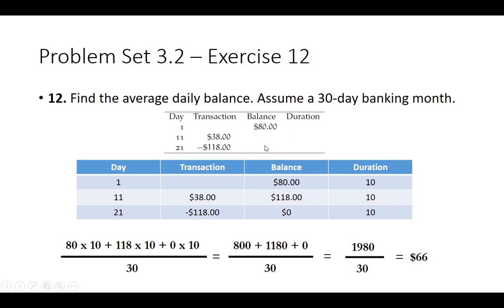So we need to figure out what the balances were and for how long. From day 1 to day 11, that's 10 days. From day 11 to day 21, that's 10 days. And from day 21 through day 30 is 10 days. So days 1 through 10, days 11 through 20, days 21 through 30, 10 days apiece.